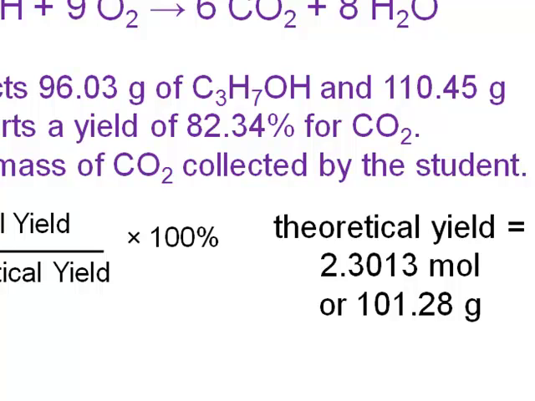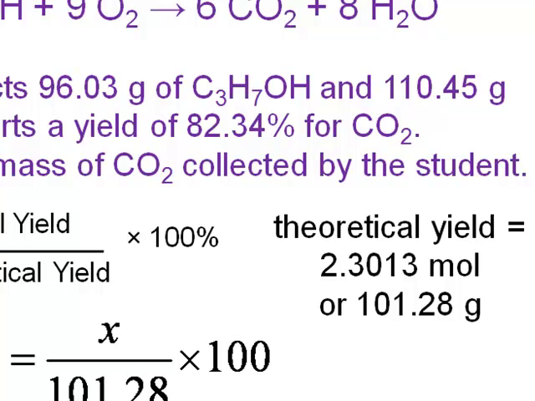If the theoretical yield is 2.3013 moles, or 101.28 grams, we put the 101.28 on the bottom, 82.34% here. Our unknown is our actual yield, which we put in as X in this case. And we can calculate out that this person collected 83.39 grams of CO2.